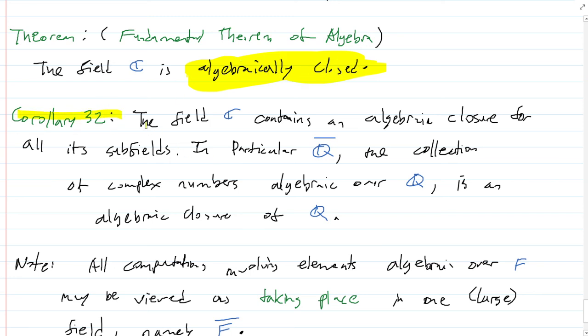A corollary is that C contains an algebraic closure of all of its subfields. In particular, Q bar, the collection of complex numbers algebraic over Q, is an algebraic closure of Q.